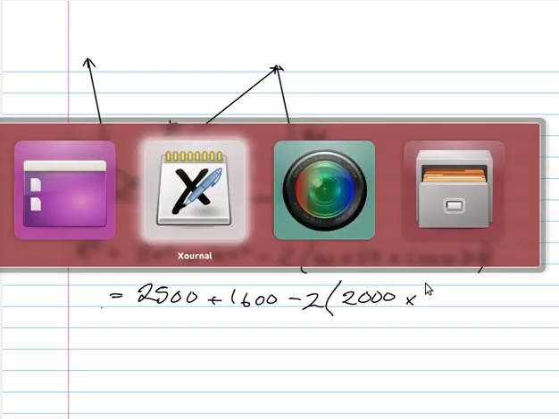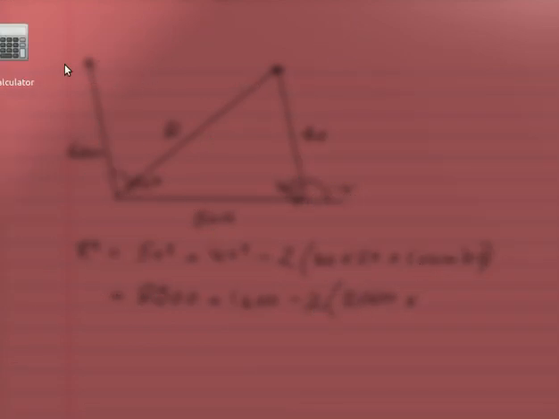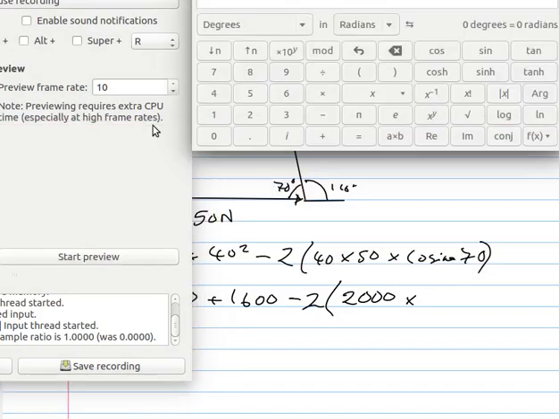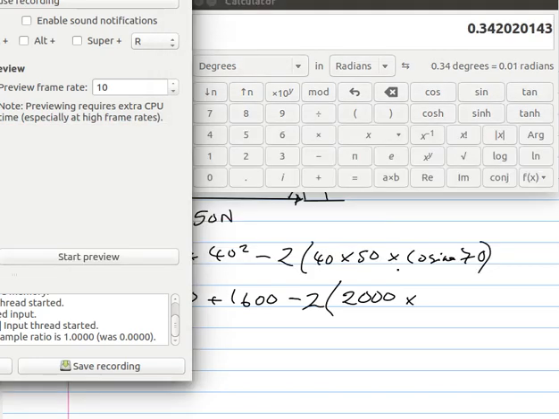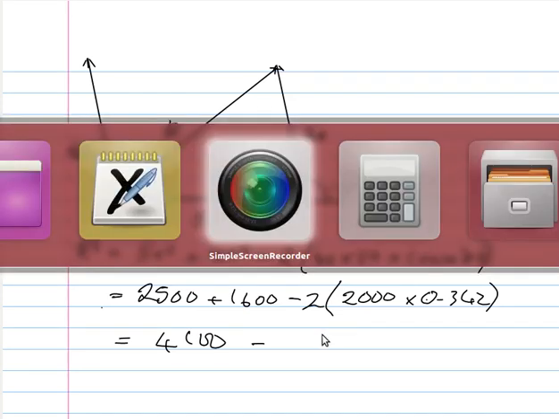Just work out the cosine of 70. Calculator is... So cosine 70 equals 0.342. So that's 4,100 minus 2,000 times 0.342.